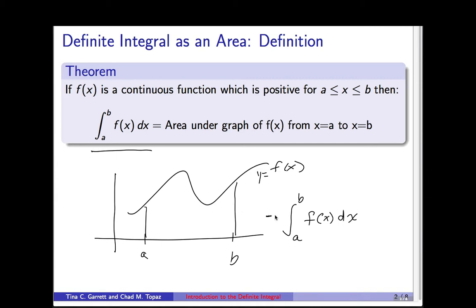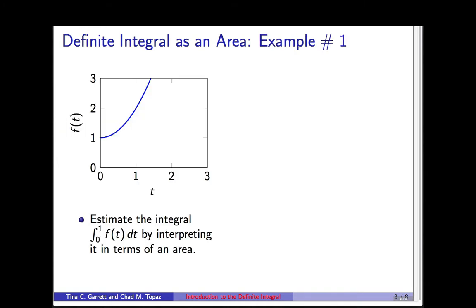We can think of this integral as simply the area you would get if you computed that shaded area under the curve f of x above the x-axis between the line x equals a and the line x equals b. Okay, we're going to continue with a number of examples and get our feet wet with this.